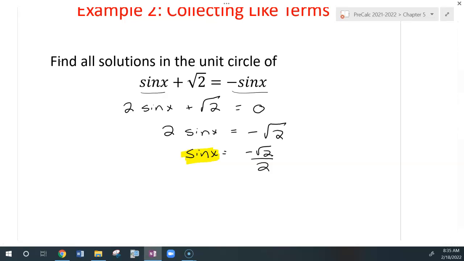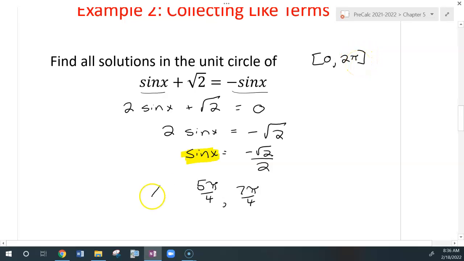And I have one of them at 5 pi over 4, and I have another one at 7 pi over 4. Since it says to find all solutions in the unit circle, I'm not going to keep going around. I'm just going to stay between 0 and 2 pi. So therefore, these are my answers. I just have these two answers this time.